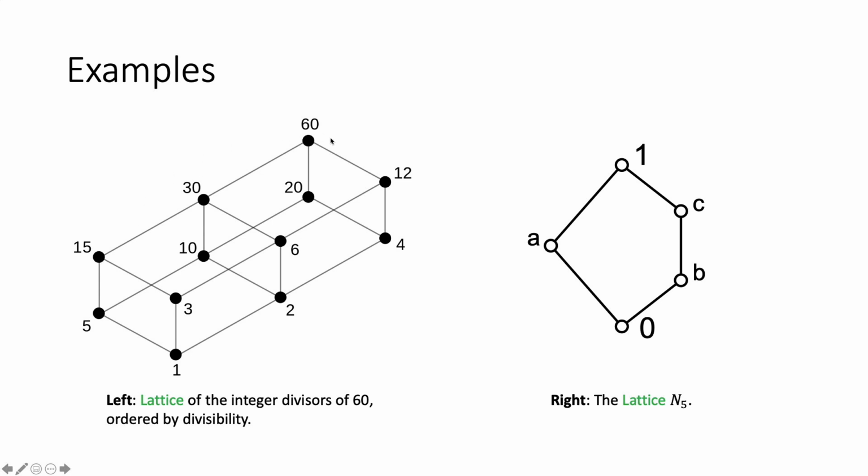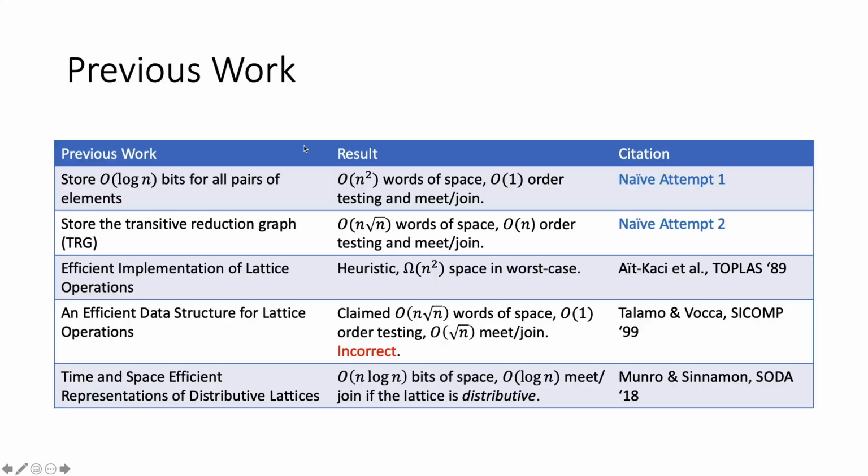We know 15 divides 60 because 15 divides 30 and 30 divides 60. If I store just this transitive reduction graph, this graph ends up having n root n edges, also called covering relations. And so I can store this in n root n words of space, but order testing and meets and joins are going to take at least linear time.